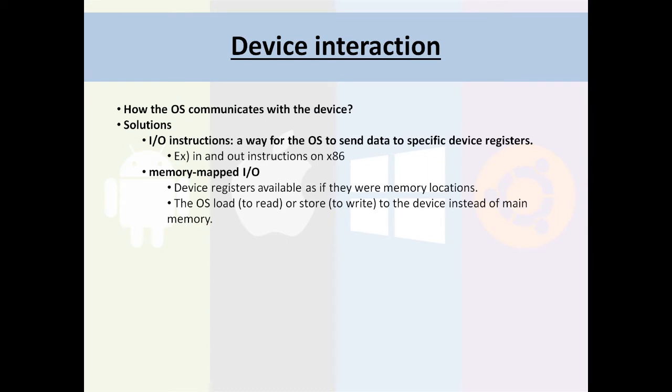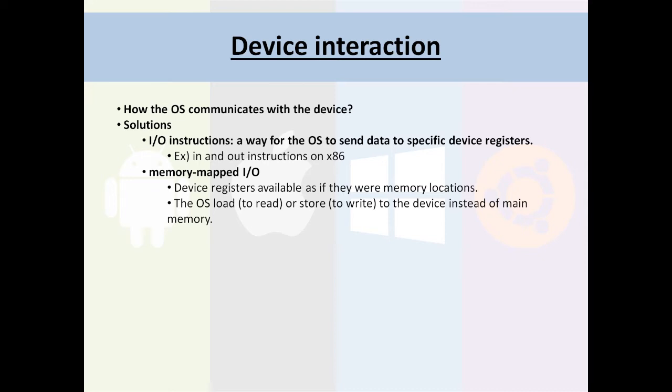All right, moving a little bit on to our device interaction, or how the operating system communicates with devices. Now, the solution to this question is basically two components: input-output instructions and memory-mapped input-output.